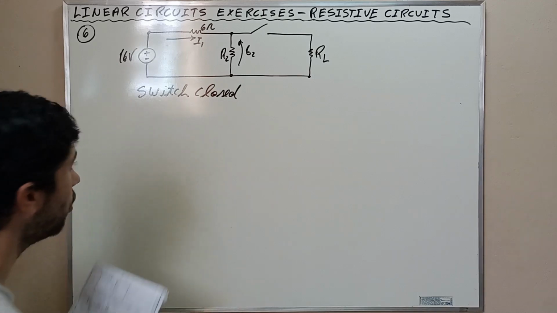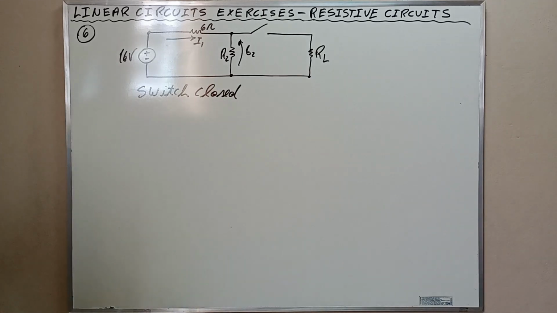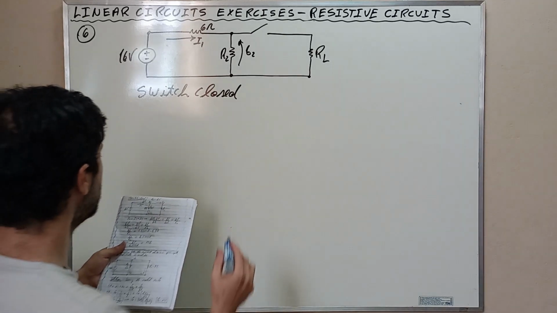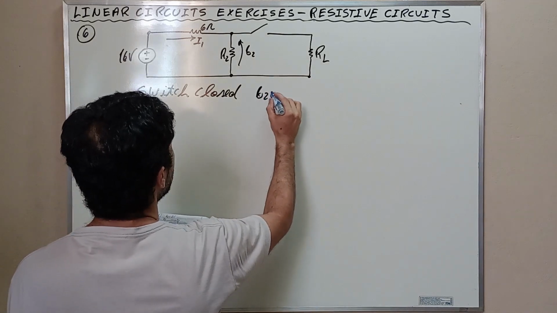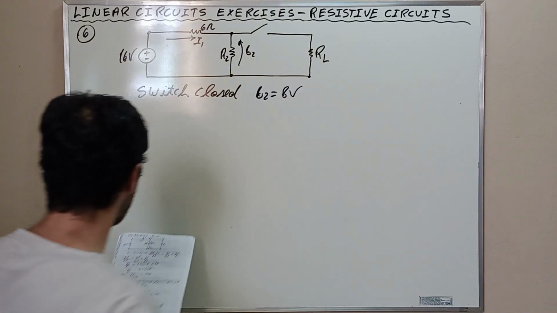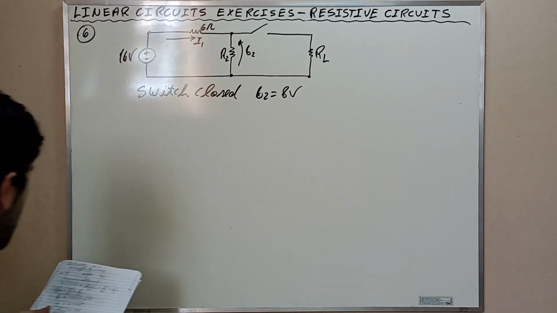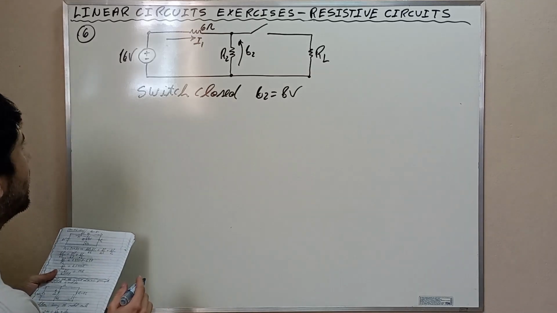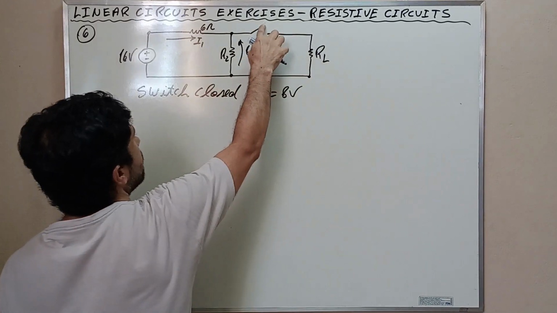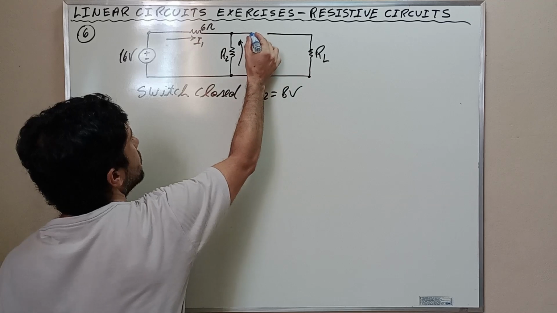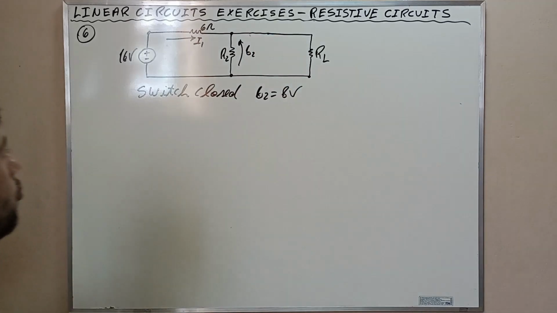When the switch is closed, the exercise says that the value of V2 is 8 volts, okay? The switch is going to be closed, V2 is 8 volts.